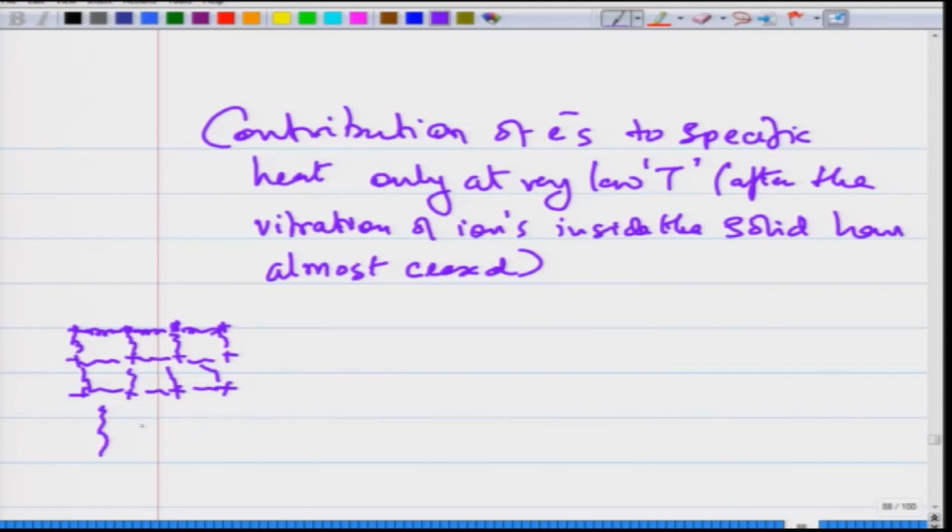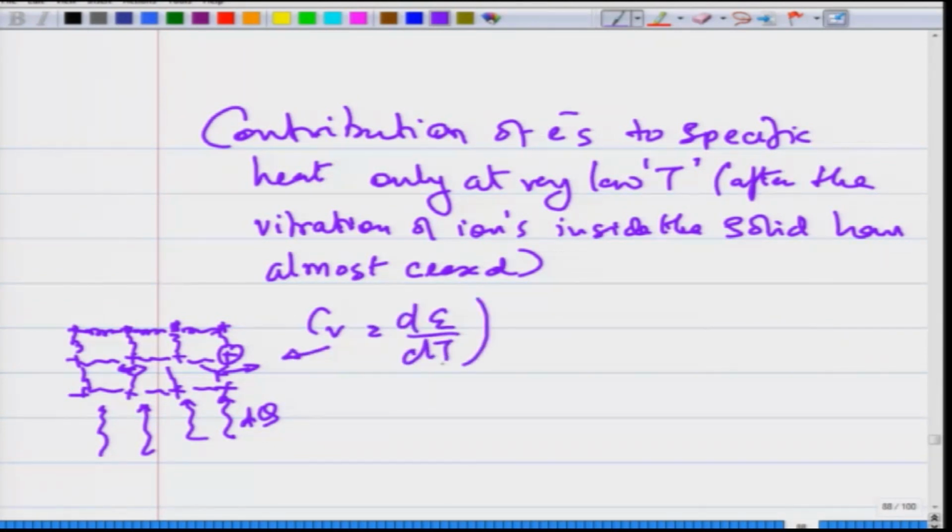So, when you give heat energy dq to the system, these ions will start vibrating. All these ions will start vibrating and shaking. They will pick up the energy, their energy will increase, and there will be a specific heat, which is the change in the energy as a function of temperature, governed by the vibration of these ions inside the solid.